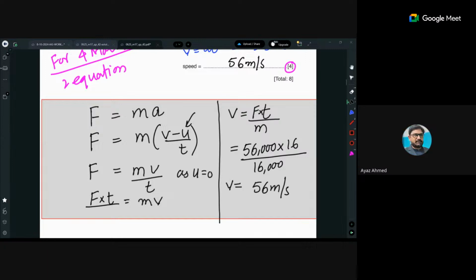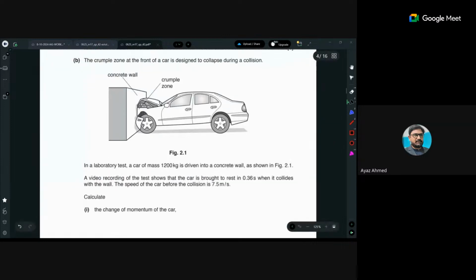Same answer, right? Yes, sir. So any confusion? You have both methods. Whatever you like, you will score 4 marks. That's a game of 4 marks actually.